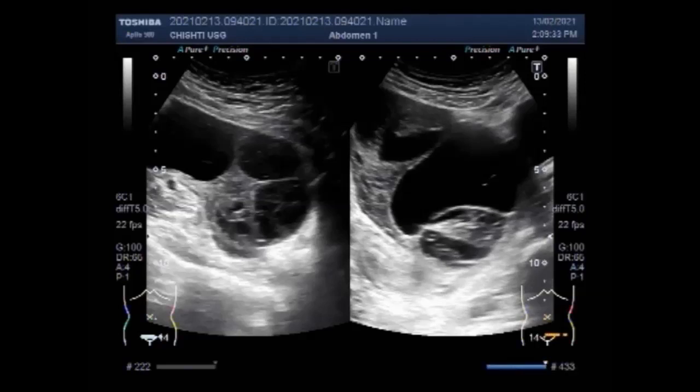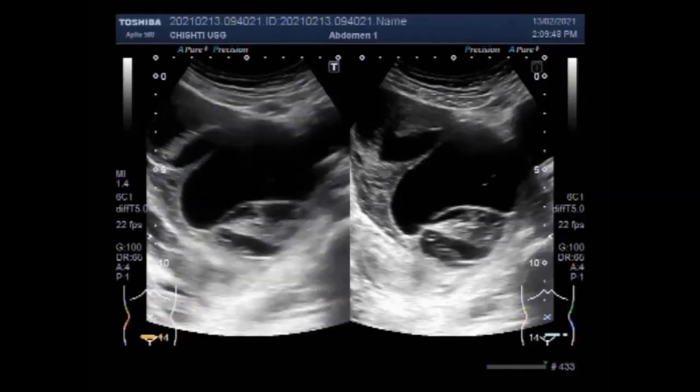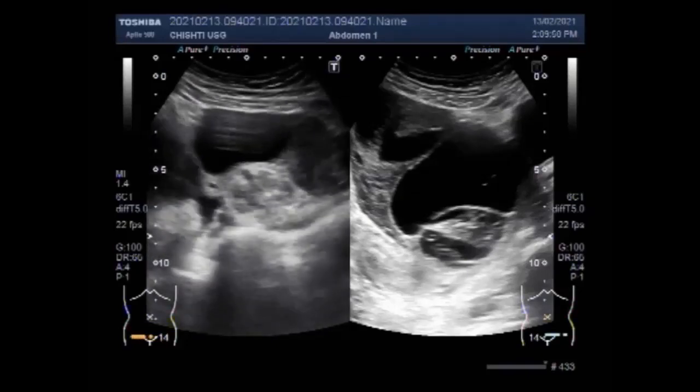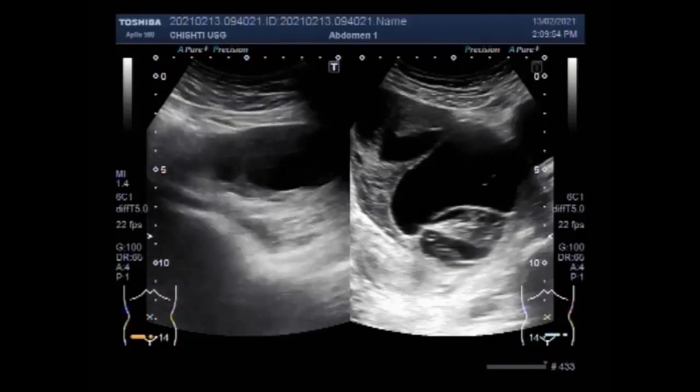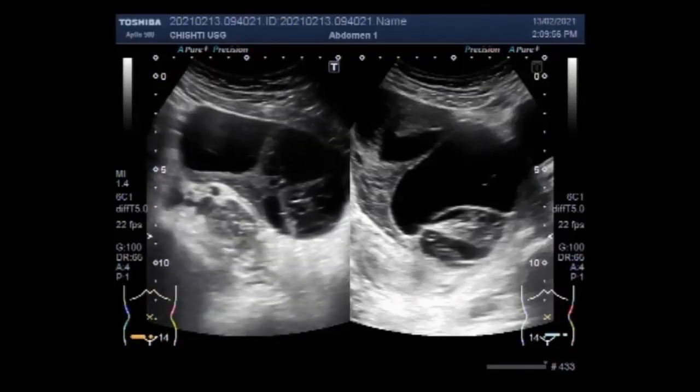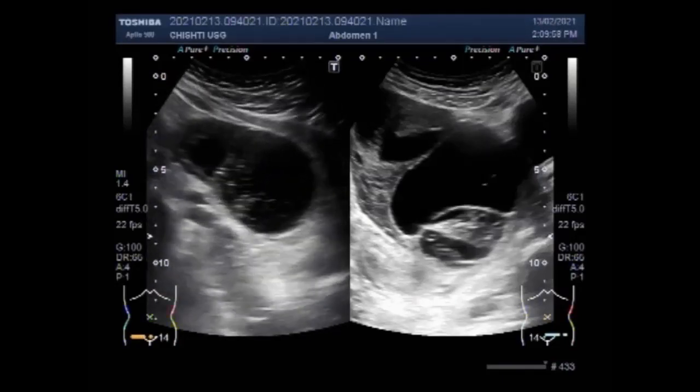Hemorrhagic cysts are commonly seen in clinical practice because hemorrhage into a cyst is usually painful, triggering the patient to consult the physician. Now you can see the left ovarian cysts. There are multiple cysts seen on both sides, in both ovaries.